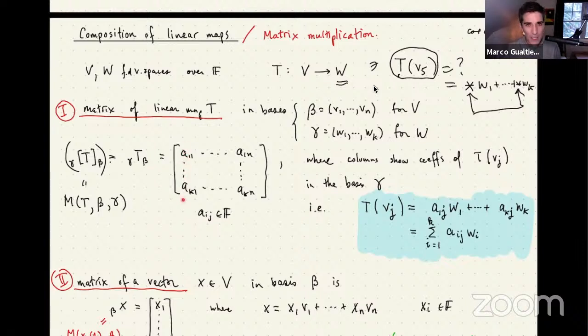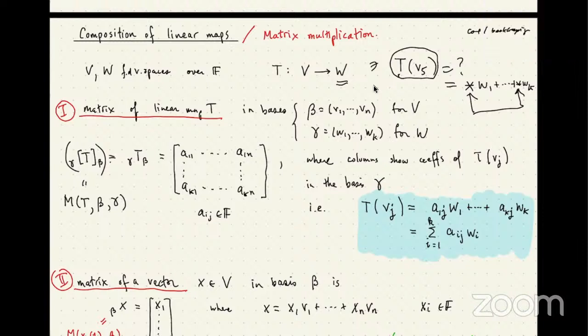What do these numbers mean? They are the coefficients of T of v in the W basis. If I did not have the basis for W, I wouldn't be able to transmit the correct type of information. It depends on which basis you prefer for W.